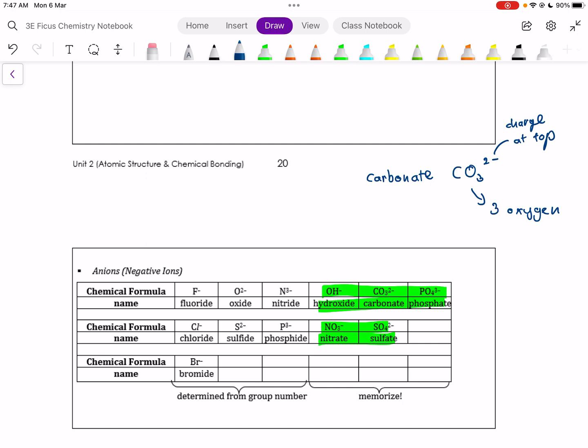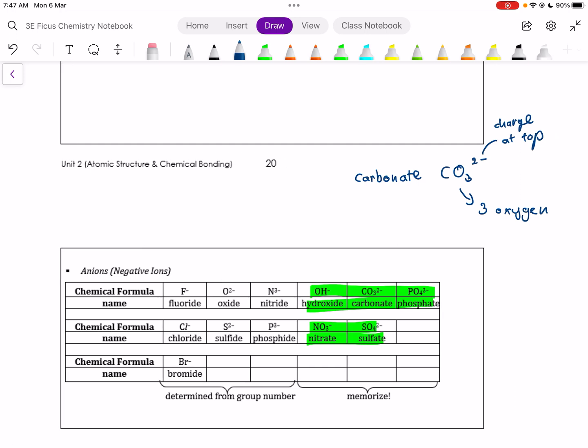In these polyatomic ions, for example, like nitrate, NO3 minus, the charge is 1 minus. And basically there are 3 oxygen and 1 nitrogen.